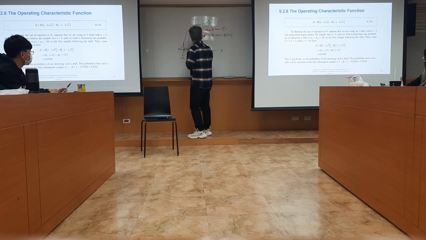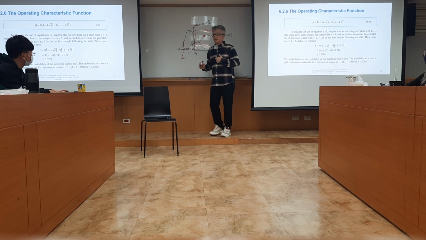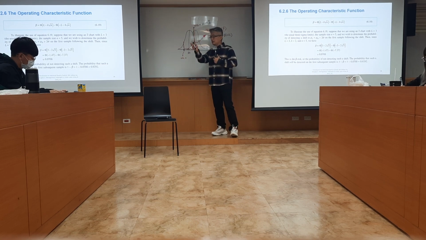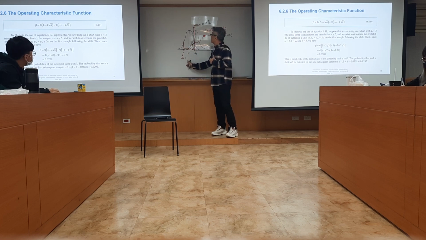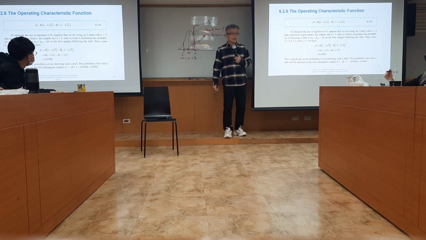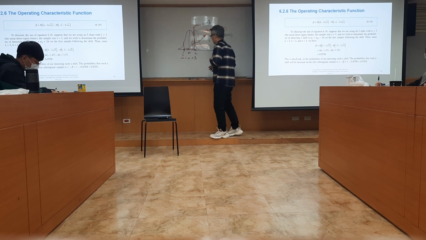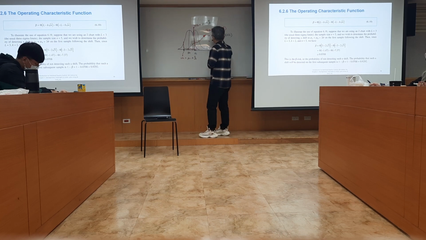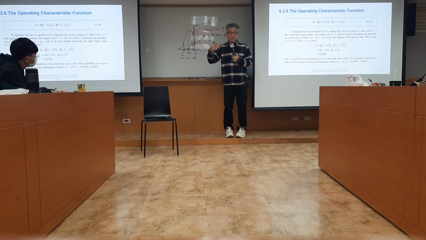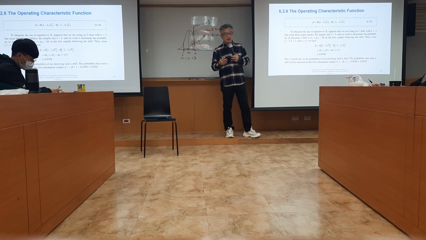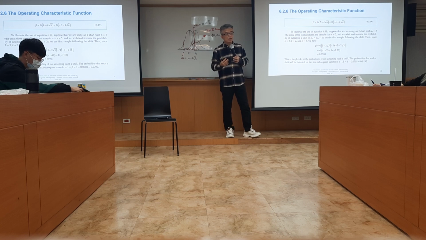And the lower control limit is equal to which? Yes, mu naught minus K sigma over square root of n. Great. So we just put it inside. This needs to be normalized, transformed into the standard normal distribution for calculating the probability.